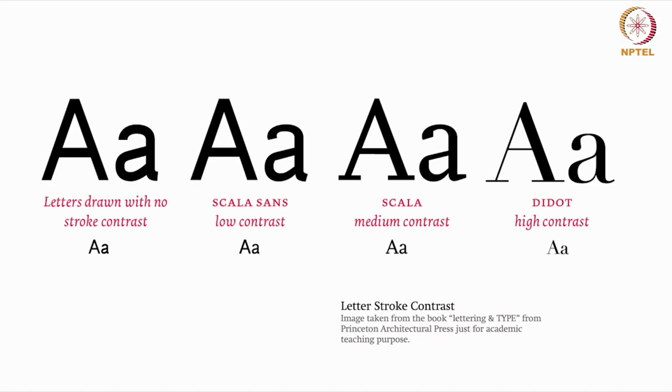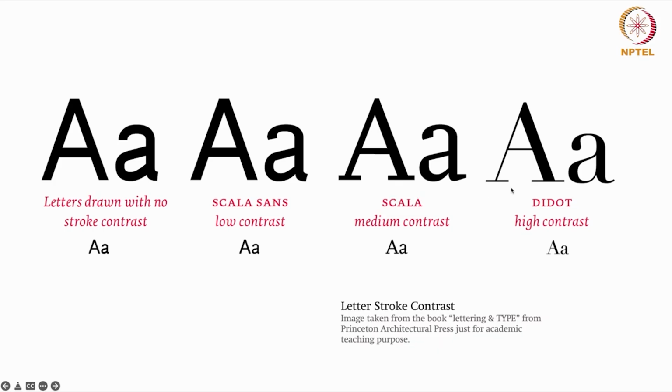So if you look at the screen, you will find that the first one has very little contrast, or no contrast. So this is called monolinear. Then you have a very low contrast, where it's very subtle. And then you have medium contrast, the third one, a scalar font.